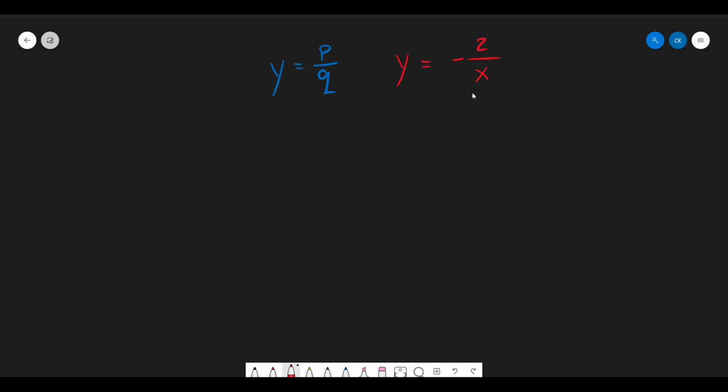We can replace it with any number, including 0. But when we put 0 here, this becomes nothing. We can't have a 0 in the denominator. So whenever we're working with rational functions, before we do anything, we have to state any what we call excluded values. Okay, so today we're going to be looking at excluded values.